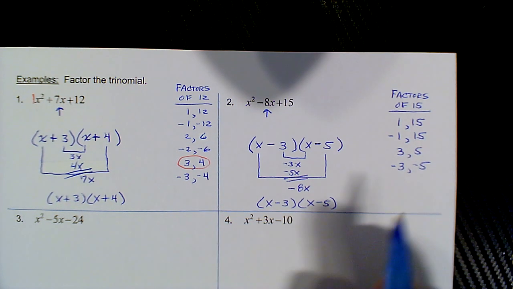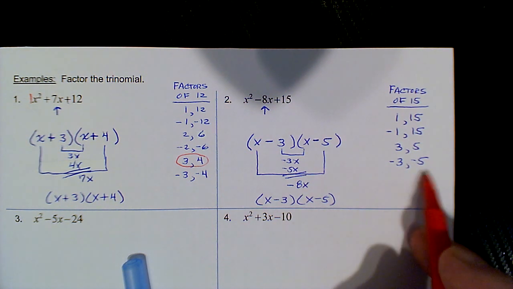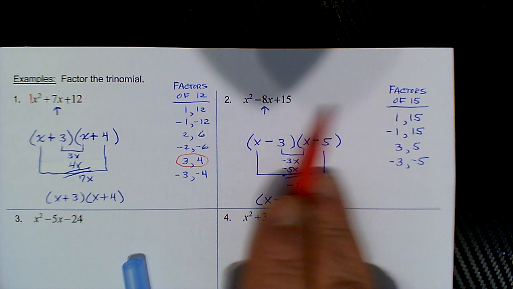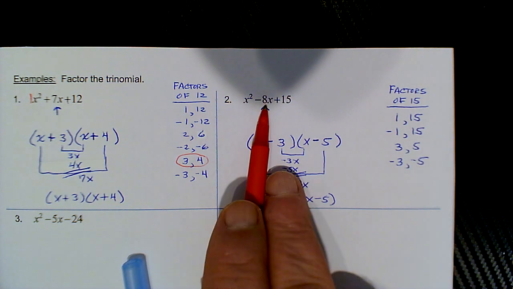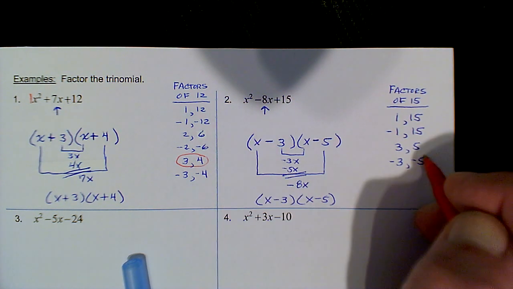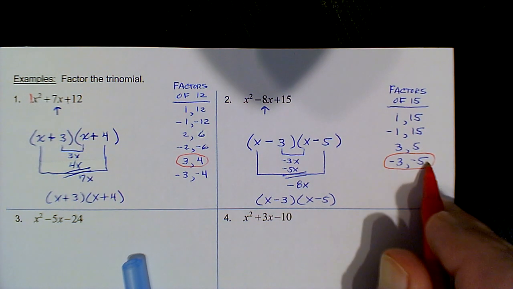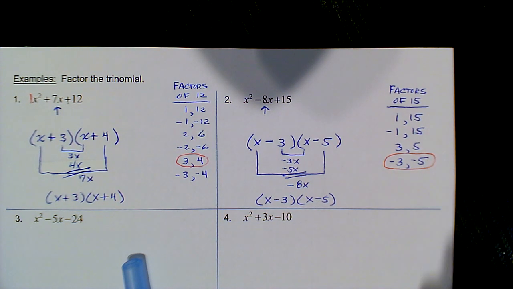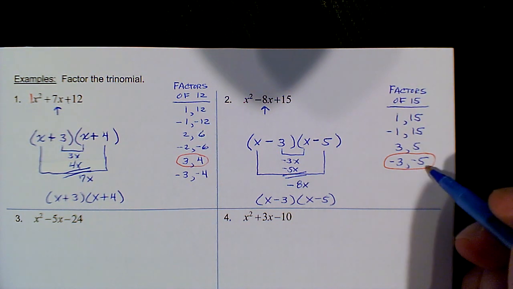Amongst those factors, we're looking for the pair that multiply to give us 15, those are the factors of 15, and that add together to give us the negative 8. And we can see that would be this pair, the negative 3 and the negative 5. So if you want to exclusively use this method of the factors, that's fine.